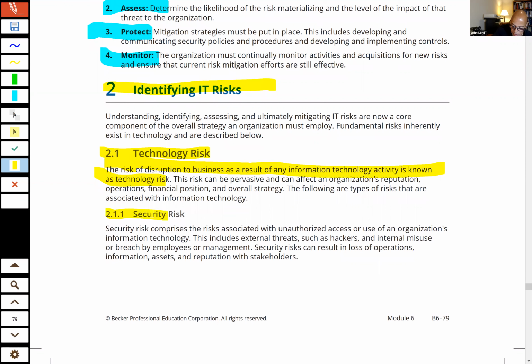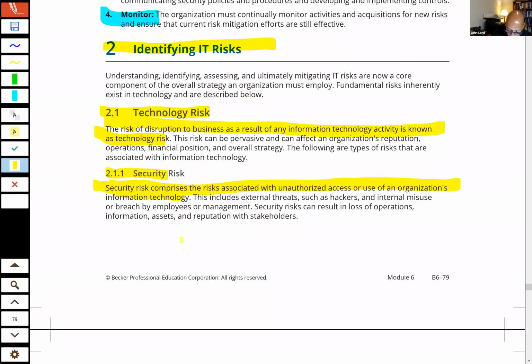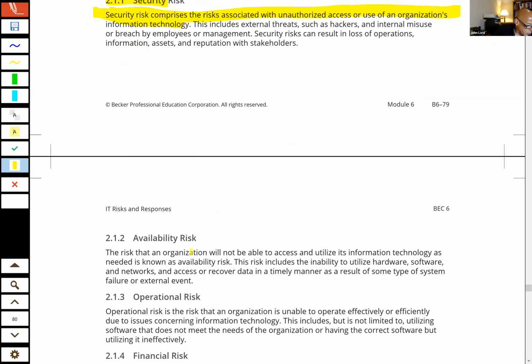Security risk is the risk associated with unauthorized access to our information because of the information technology. Again, the risk that there'll be hackers and that sort of thing, right? Availability risk. Let's take a look at that. This risk includes the inability to utilize hardware, software, and recover data in a timely manner as a result of some sort of system failure.